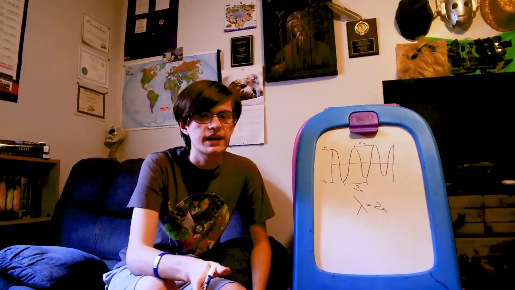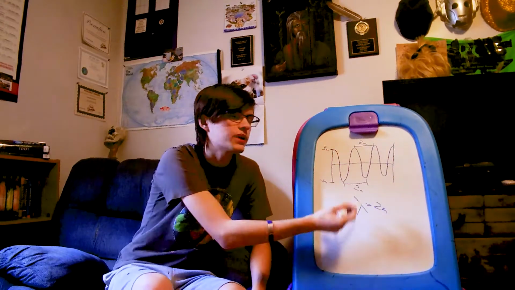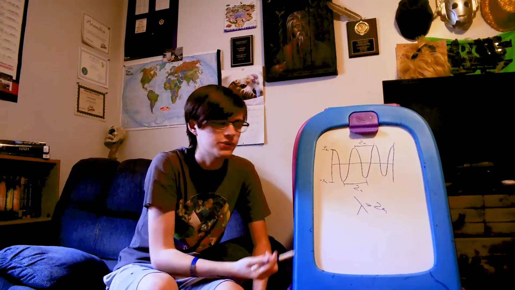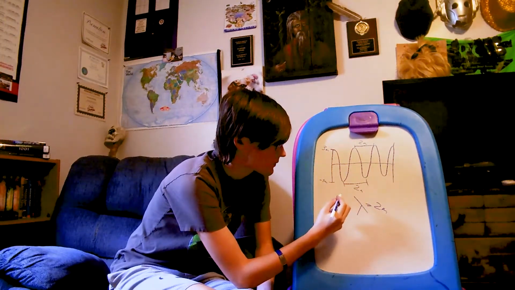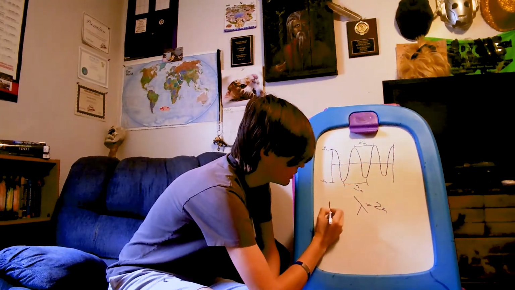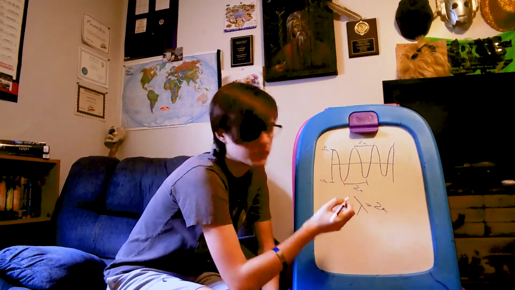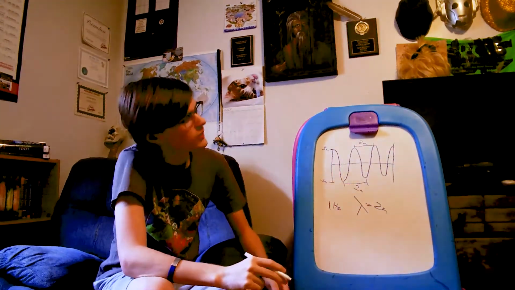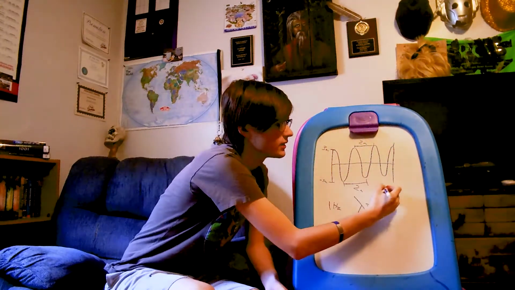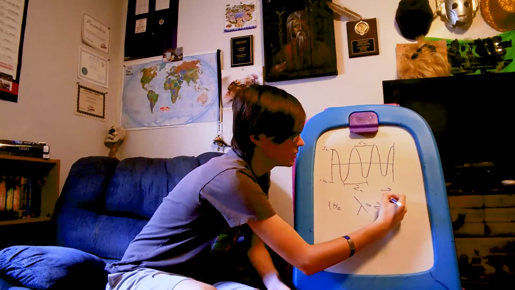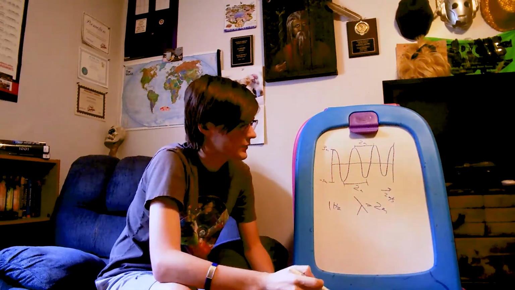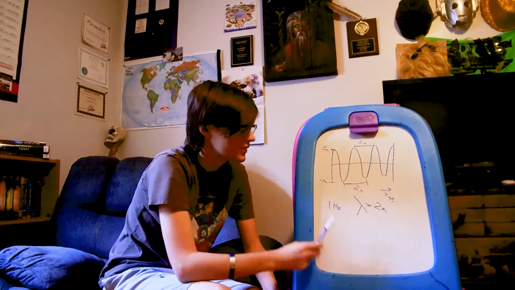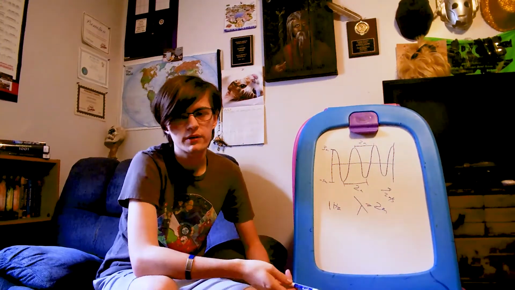If our wave was moving at 2 meters per second, and since we have a wavelength of 2 meters, then that means that it's going to have a frequency of 1, and then the SI unit for frequency is hertz, which is shortened as Hz. So if this was moving at 2 meters per second, and since we have a wavelength of 2 meters, then our wave would have a frequency of 1 hertz.